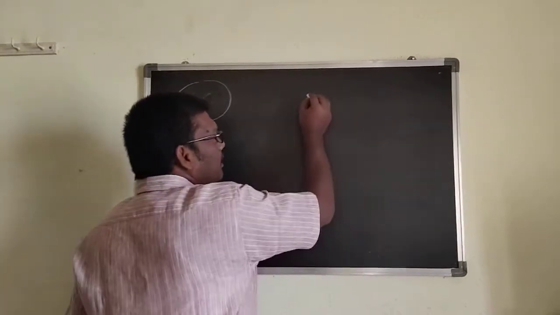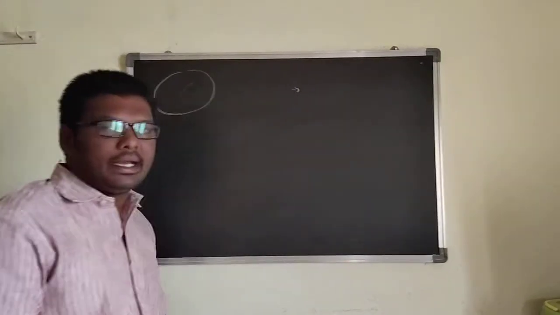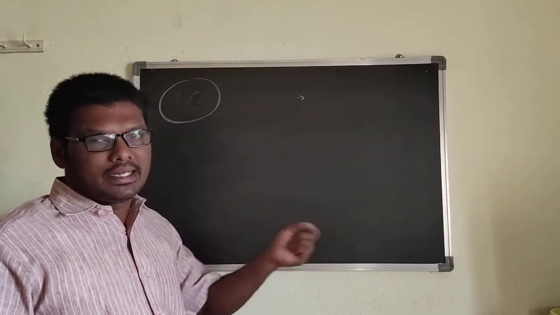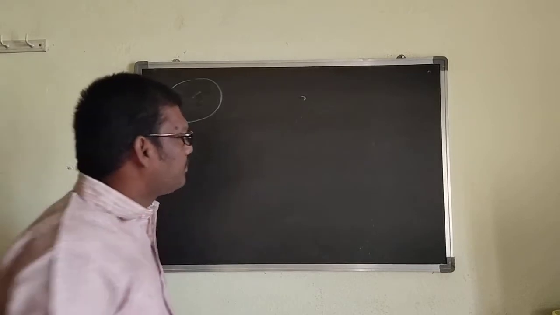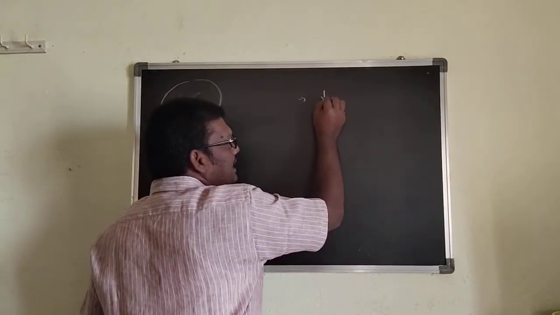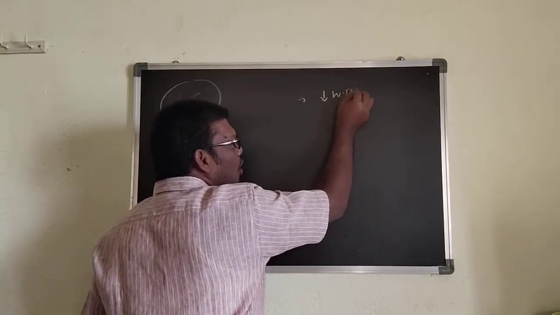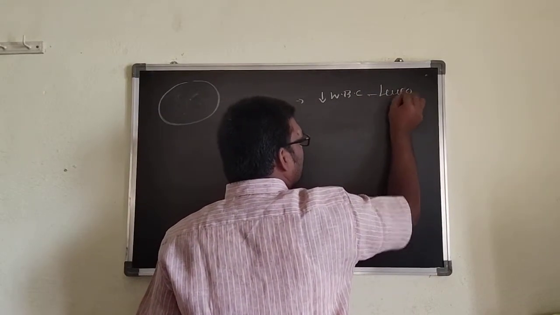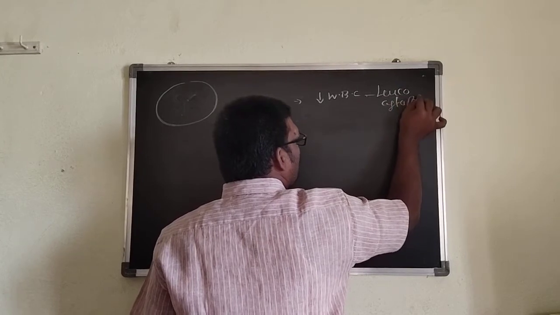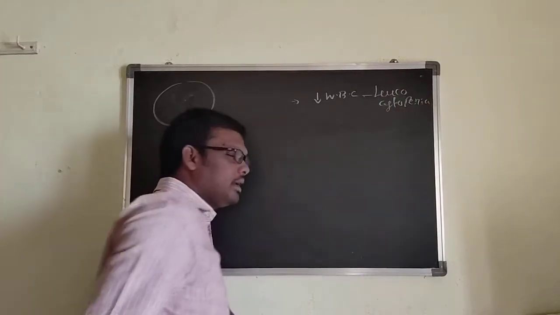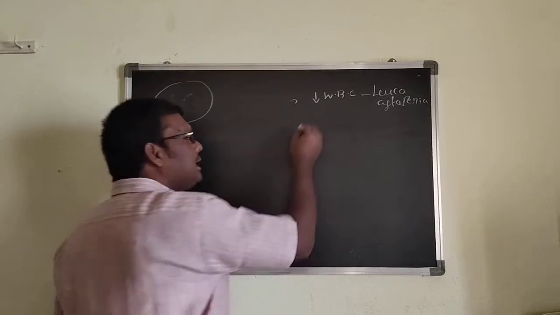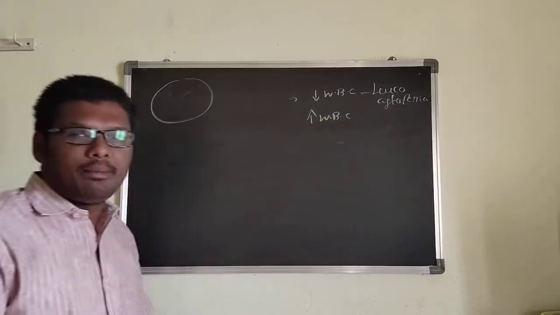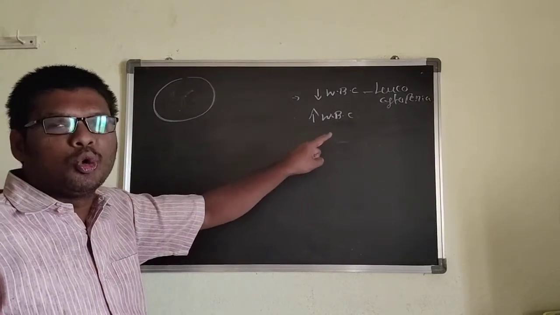Here, per cubic millimeter, how many WBC are present in normal condition? 6,000 to 10,000. When the white blood cell count decreases, that is called leukocytopenia. Or an abnormal increase of white blood cell count will lead to cancer.